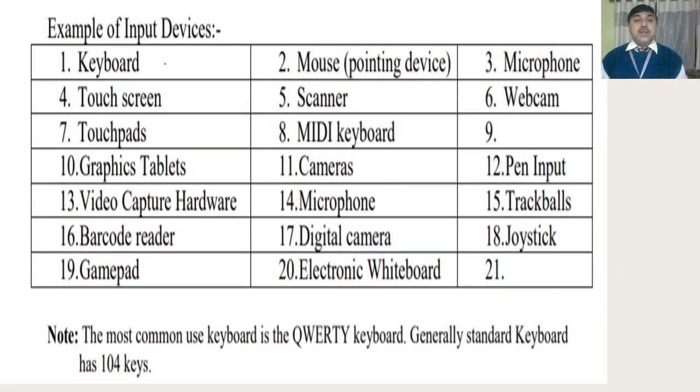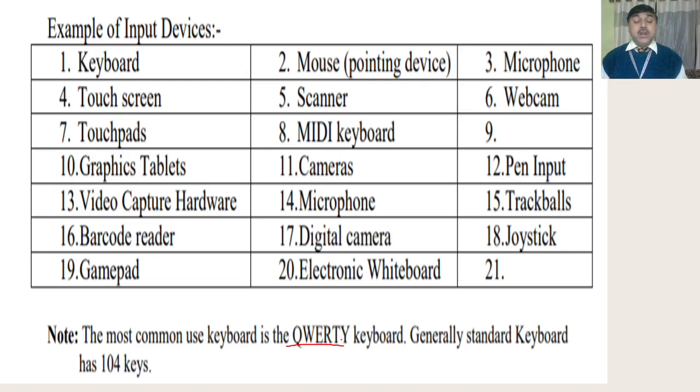So input devices are: keyboard, mouse, microphone, touch screen, scanner, webcam, touchpad, MIDI keyboard, graphics tablet, camera, video capture, light pen, barcode reader, digital camera, joystick, trackball, game pad, electronic whiteboard. Among all these, we have the QWERTY keyboard. You see the keyboard, there is QWERTY at the top of the keys.